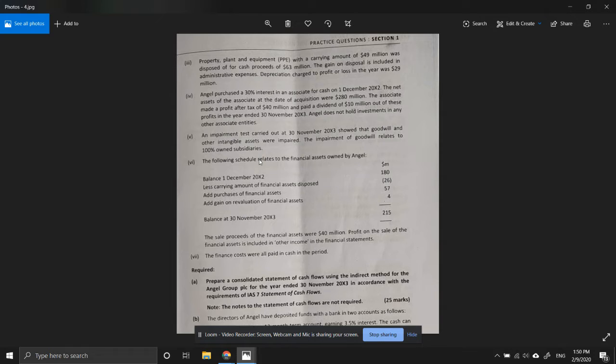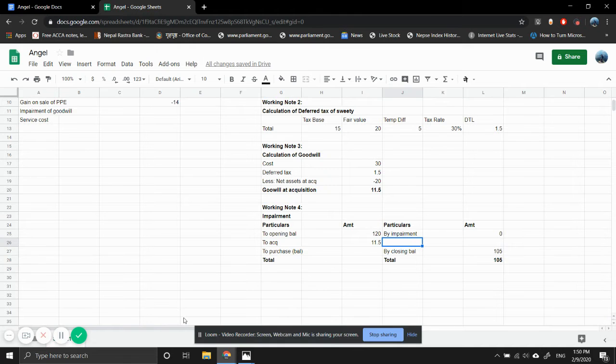The impairment of the goodwill relates to 100% owned subsidiaries, right? So that will basically be the sum of all this, which will be this figure from here, and then this impairment figure will be the balancing figure, right?